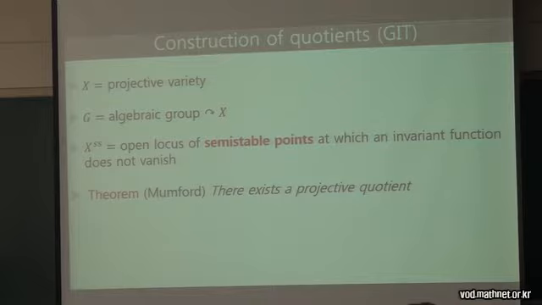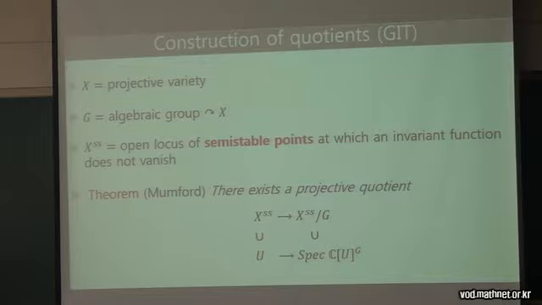And Mumford's theorem is that there exists a projective quotient, which we call X^ss over G. Usually we use 2 slashes, but here I'm using just 1. And there's a map from the semi-stable locus to this projective quotient. This is projective and this is only quasi-projective.